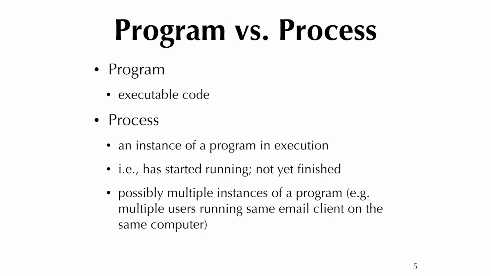Okay, so basic concepts of processes. As mentioned, the program is really just executable code, right? Think of it as your compiled binary, your hex file, your .exe file, the COFF, the common object file format, or there's different file formats that have been proposed.